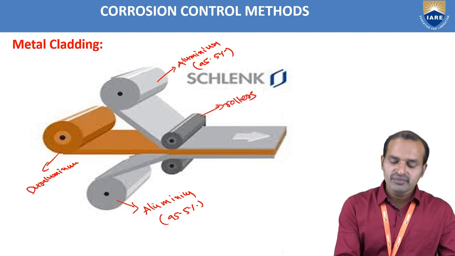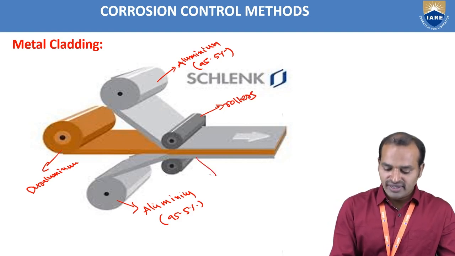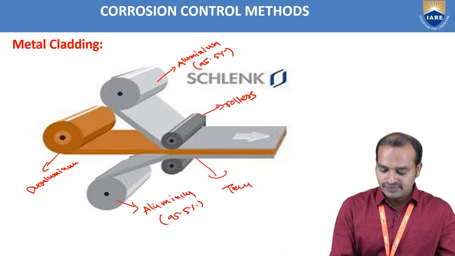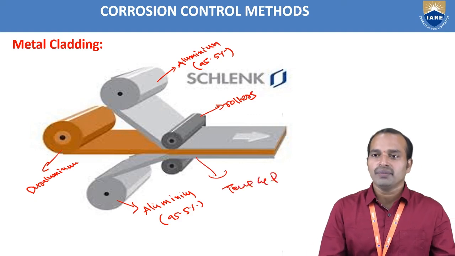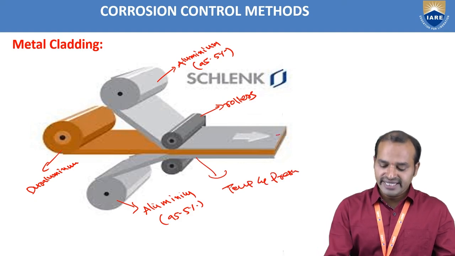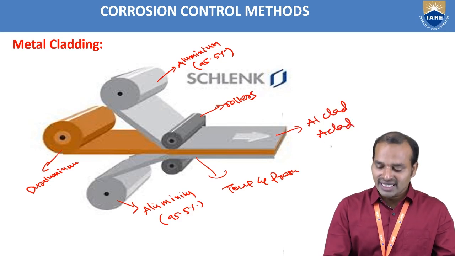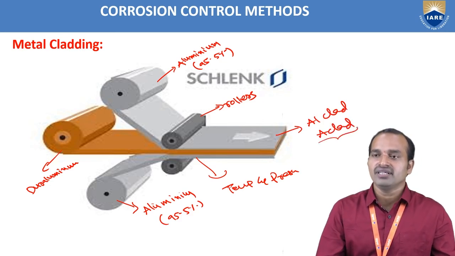When the duraluminum is sandwiched between the aluminum, we pass it through the rollers and apply temperature and pressure. Here we get the aluminum clad sheets. This clad sheet is mainly used in the aircraft industries.